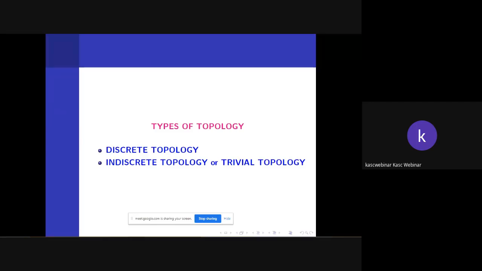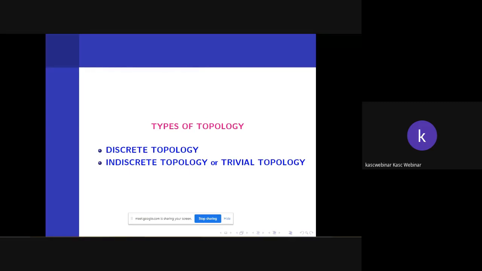Okay, the next one is types of topology. Since I'm going to consider points and sets, I have taken discrete and indiscrete. You have still more topologies, like the cofinite topology, and more which have been defined on the real line. Here I have given two types: discrete topology and indiscrete topology.